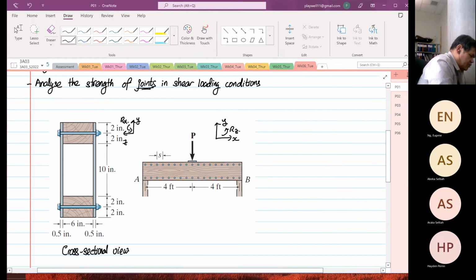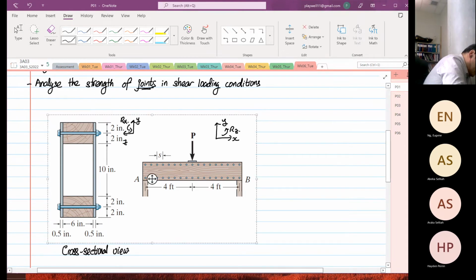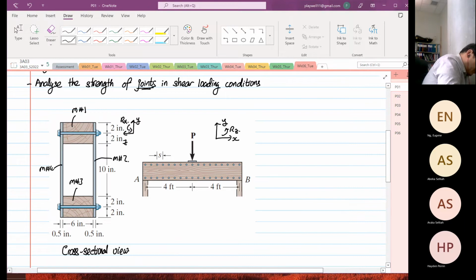If you look at the cross-sectional view, this part is made up of 4 members. You have member number 1, member number 2, member number 3, and member number 4.